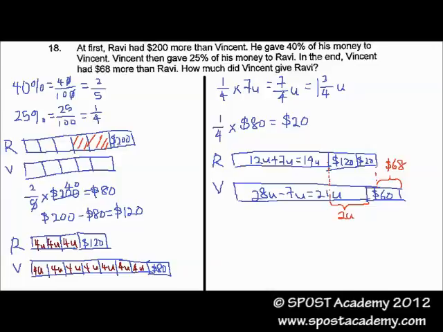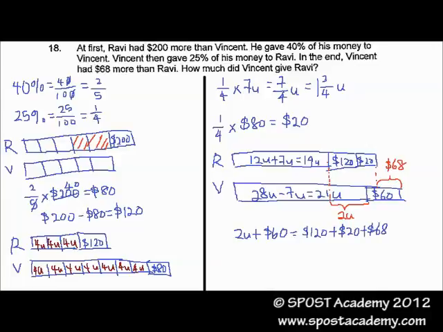So 2 units plus $60 is actually equivalent to $120 plus $20 plus another $68.